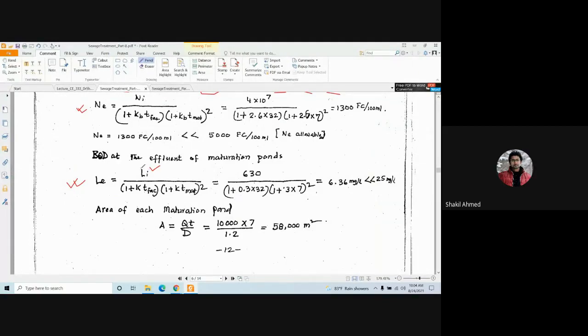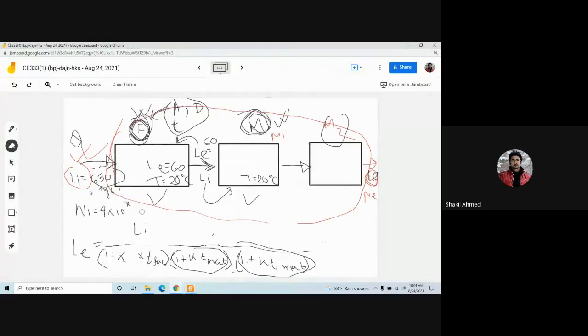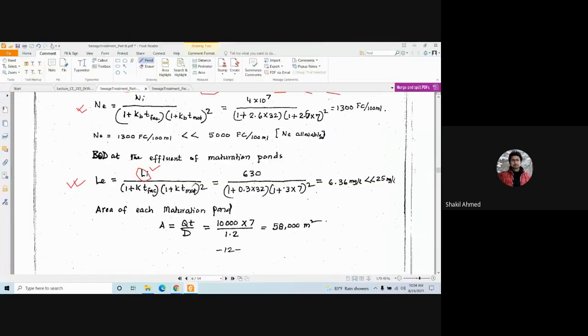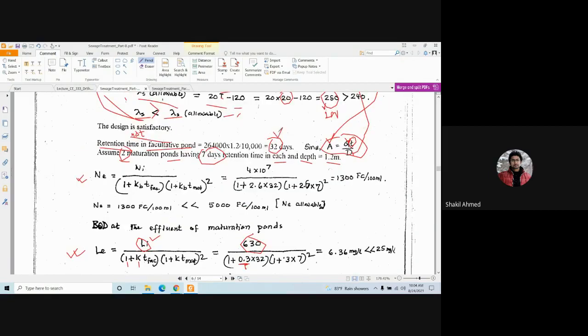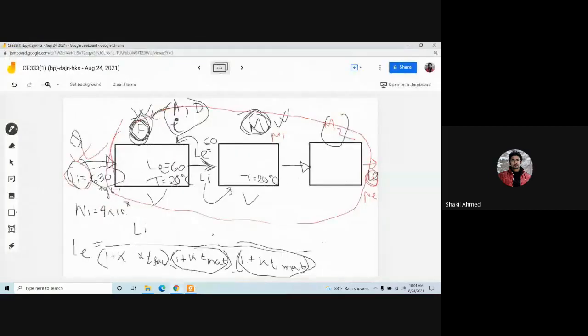So now you write Li. What is Li, guys? Remember, you are considering the whole system as one, so Li is 630. 1 plus K. What is K? 0.3. Then T facultative is the 32 days you just calculated.